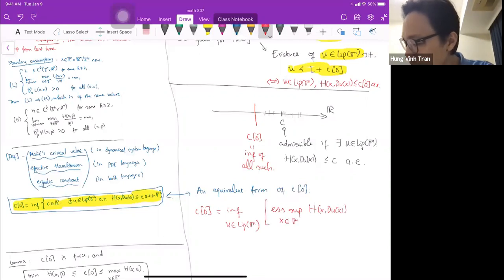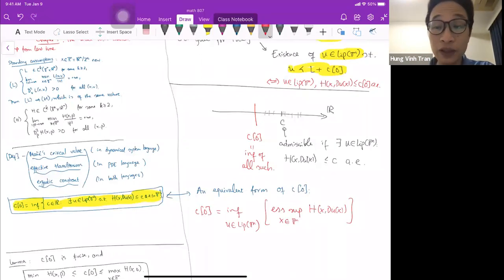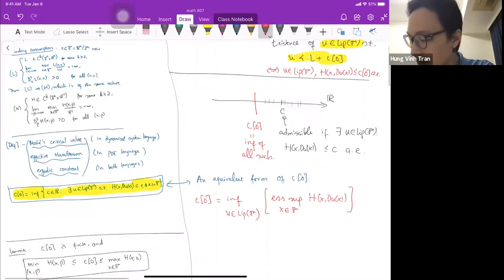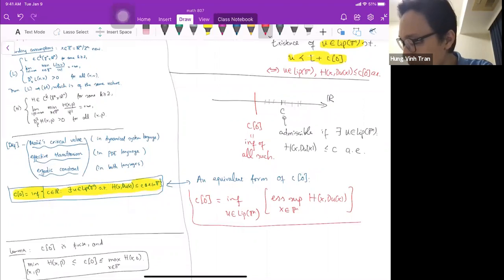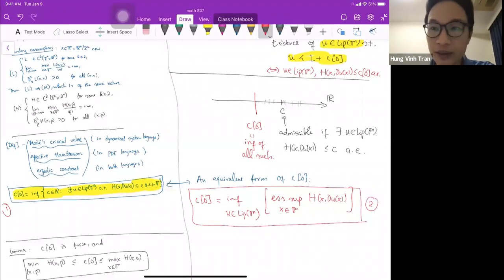The first part is that you're taking the essential supremum, because U is Lipschitz, so this is defined almost everywhere. It couldn't be infinity, because Du is bounded almost everywhere. So the essential supremum is finite, and you're taking the infimum over all of those, and this gives us a quite beautiful formula. This is the first formula that you can see, and this is the second formula that I'm writing down here.